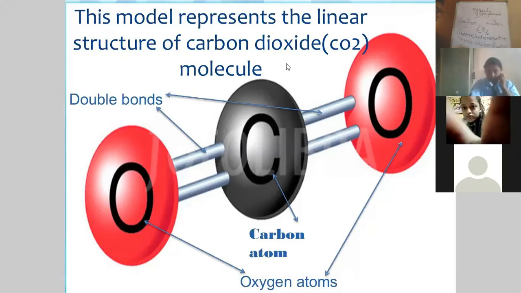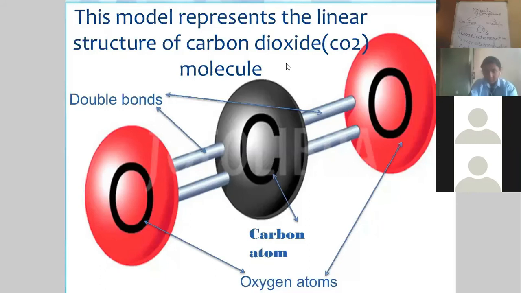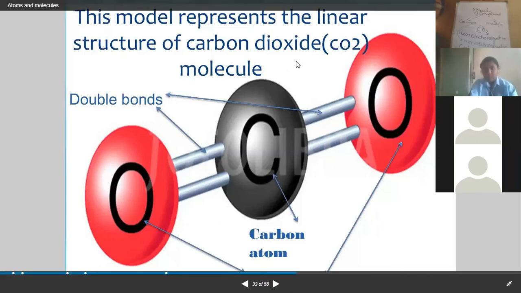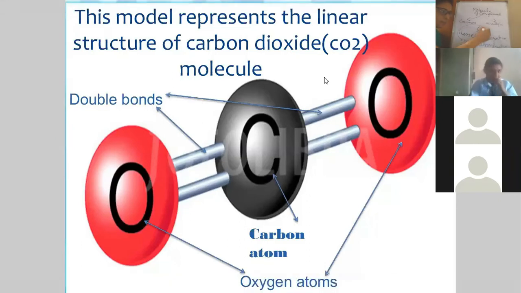So the name has two parts, carbon and oxygen. Now we won't call it just carbon and oxygen. We also have to take into consideration the number of atoms that are written.